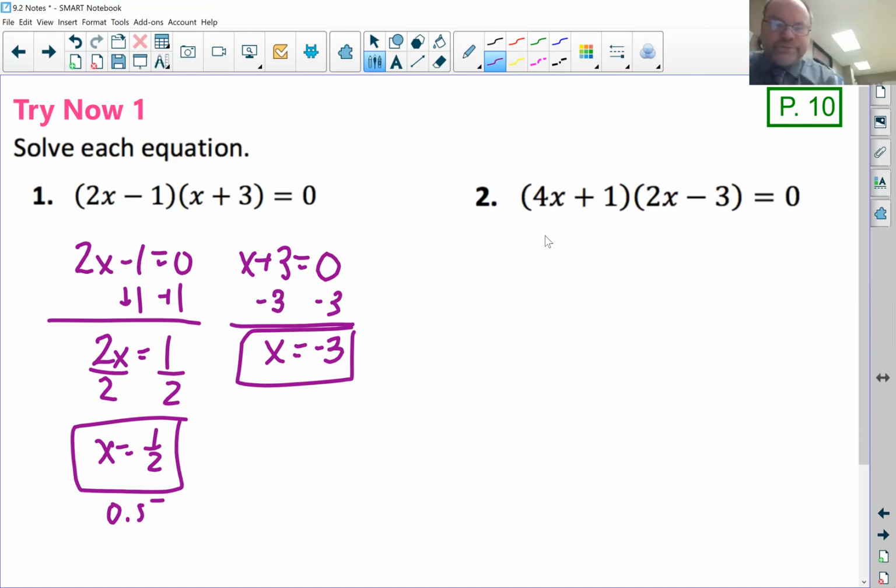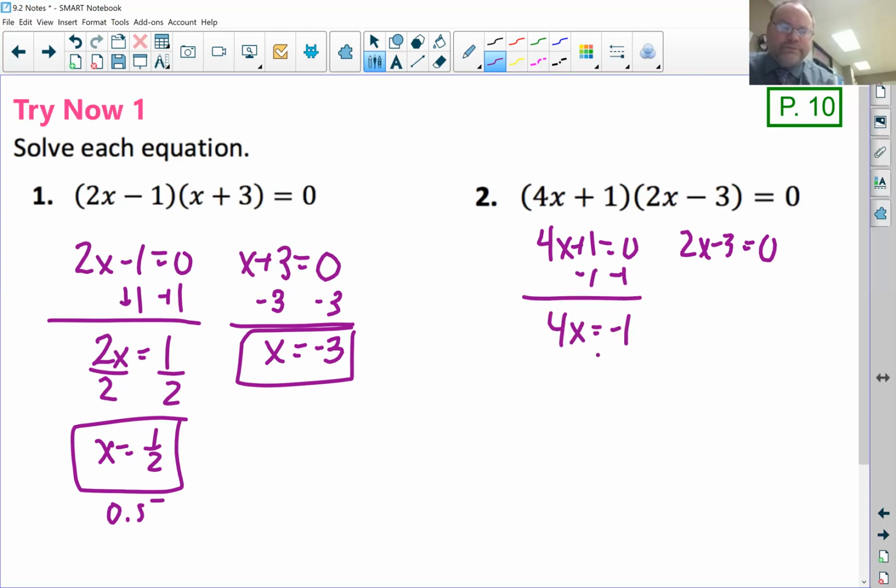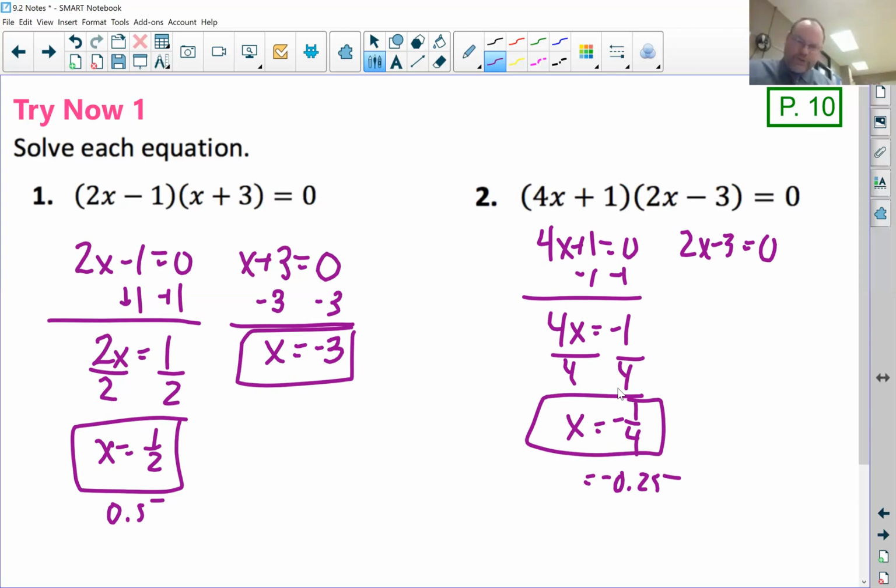Example number 2. Again, we'll subtract 1. Again, the fraction answer works great.